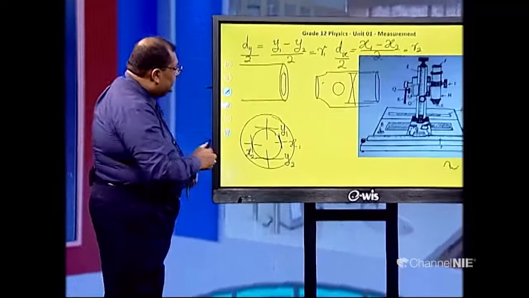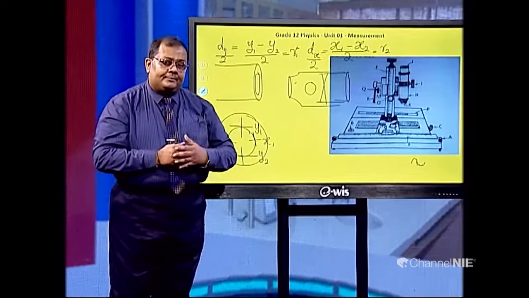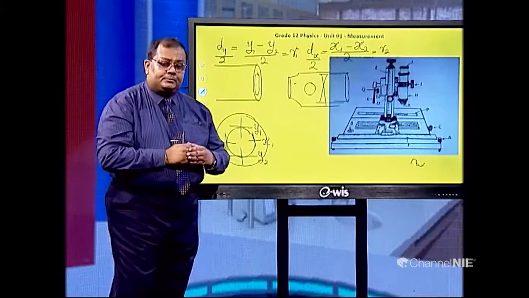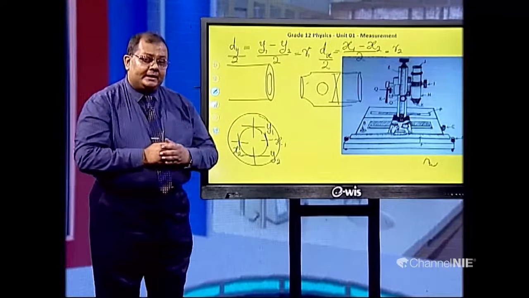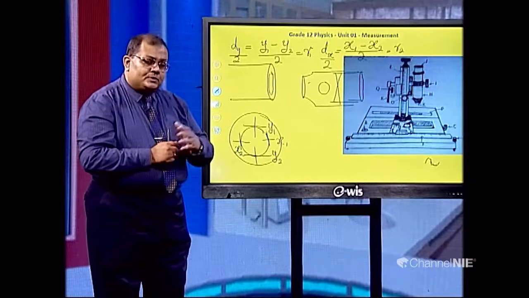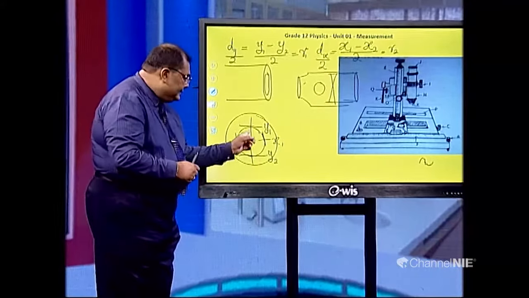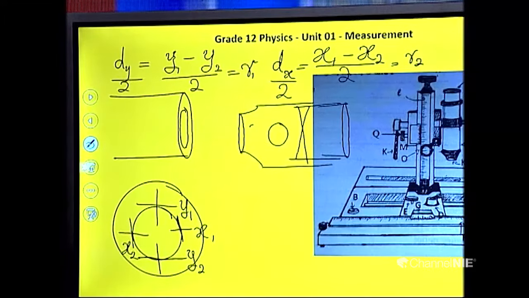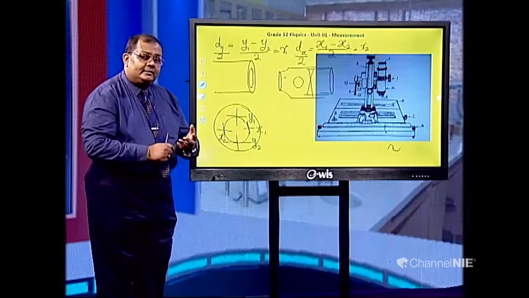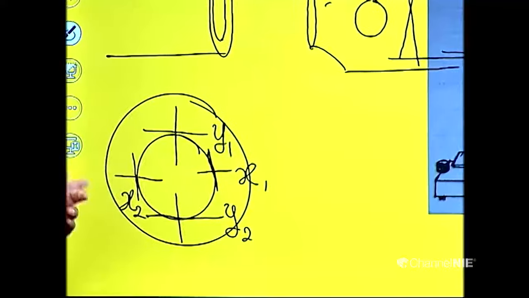The previous one I did for a glass capillary tube. Now I am going to do this for a rubber tube. If you use a rubber tube, in the same way you have to take the vertical internal diameter and the horizontal internal diameter, and you need another 4 readings for the edges of the tube also.